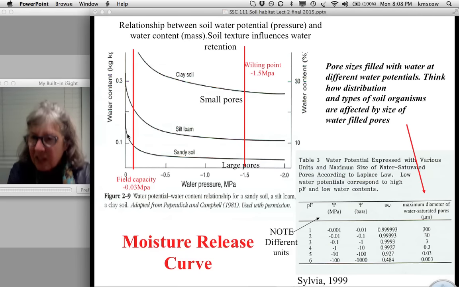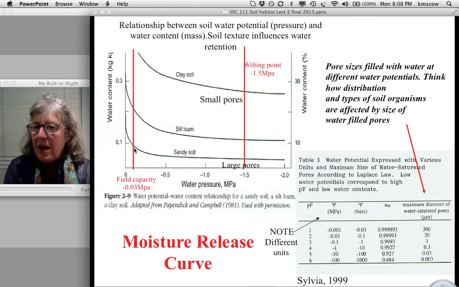It just gives it up. It just loses it. And so you don't apply much pressure, you get down to field capacity, and you've already lost a whole lot of water in the soil. And you can see here it's gone down to about 8% or something like that. And what's interesting is you keep applying more and more pressure, and it doesn't have any more water to give up. It's already lost a lot of its water at the lower pressure that's applied to it.